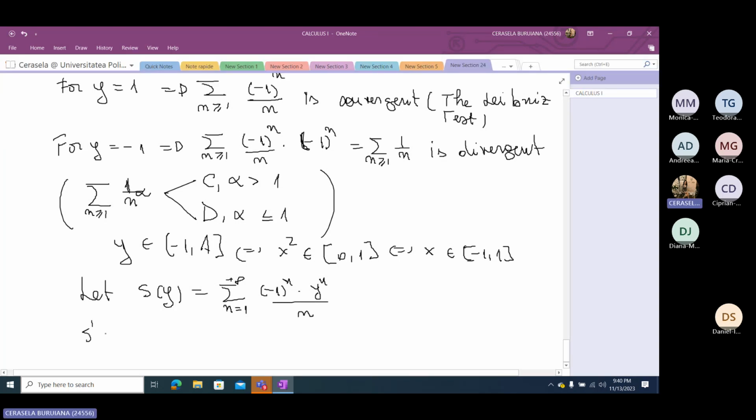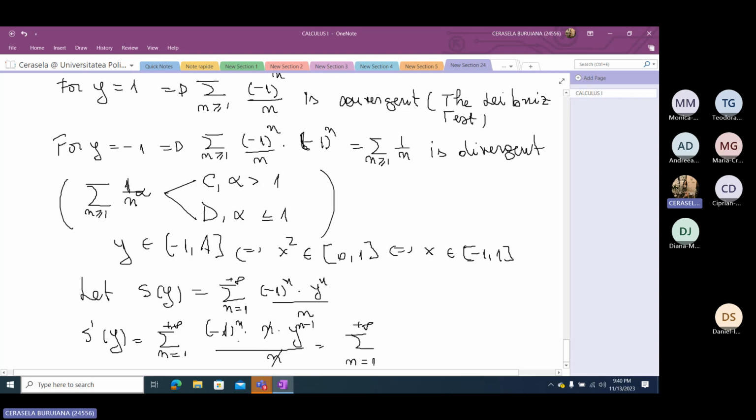I will derive, so S prime of y becomes the sum from 1 to infinity of (-1)^n times n times y^(n-1) over n. I will simplify by n, and everything becomes the sum from 1 to infinity.